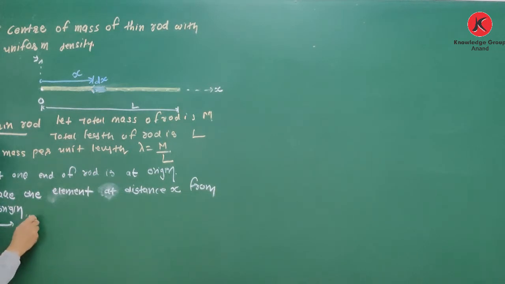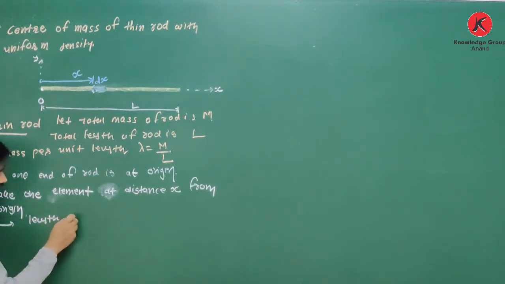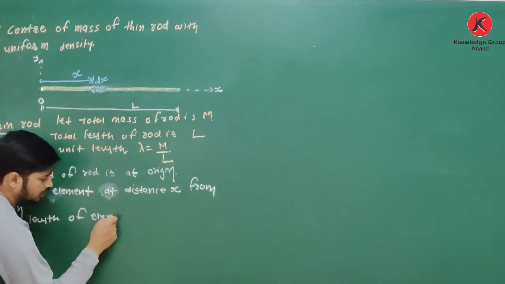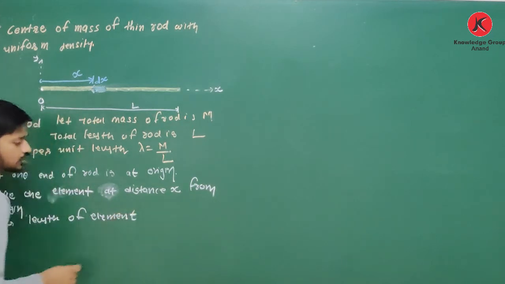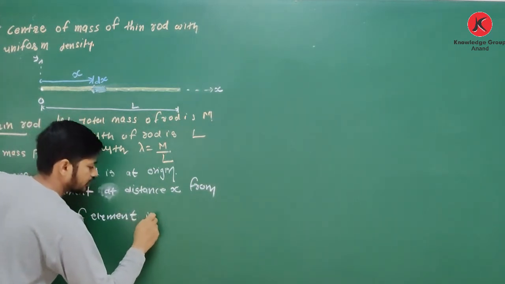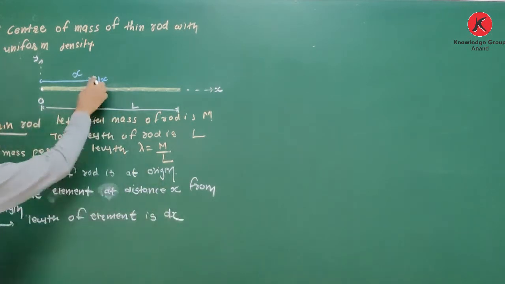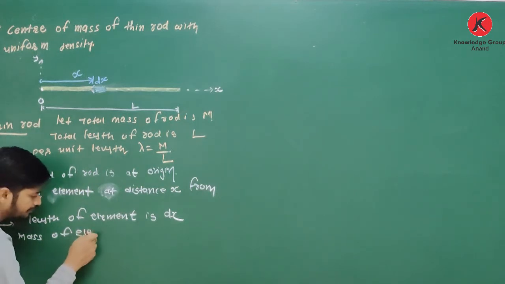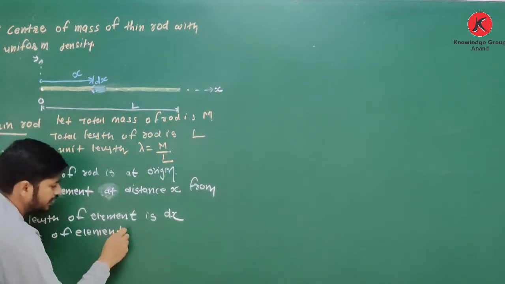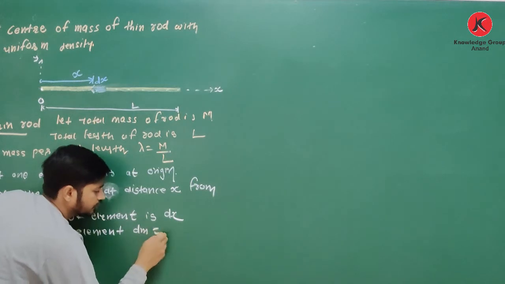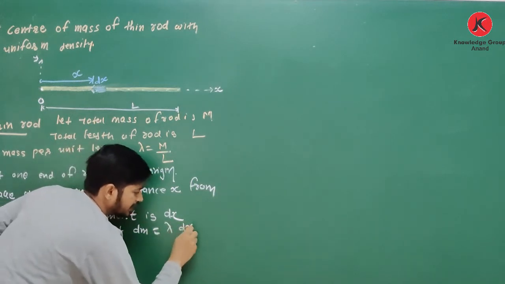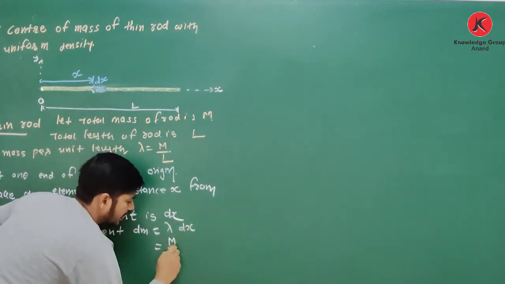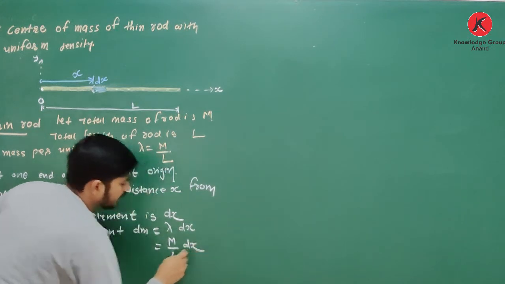The length of the element is dx, as I have indicated. So what is the mass of the element? The mass of the element dm is equal to lambda dx, or you can write it as m upon l dx.